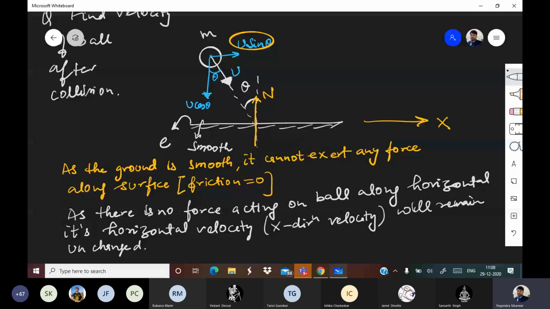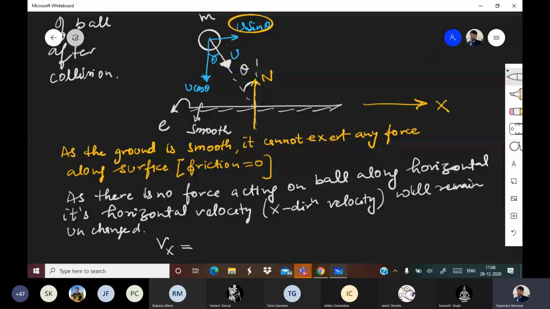Any doubt, any question? Good. So Vx is equal to Ux is equal to u sine theta. This is the point to be noted.